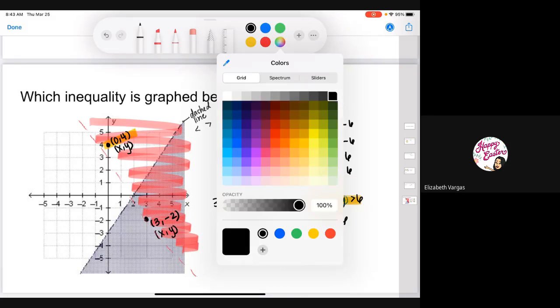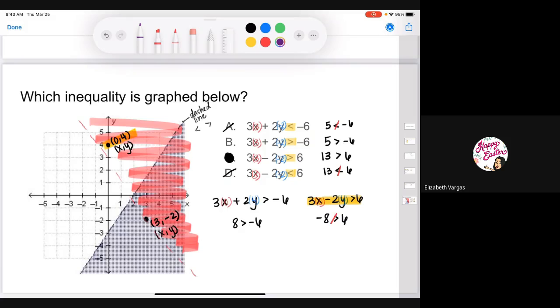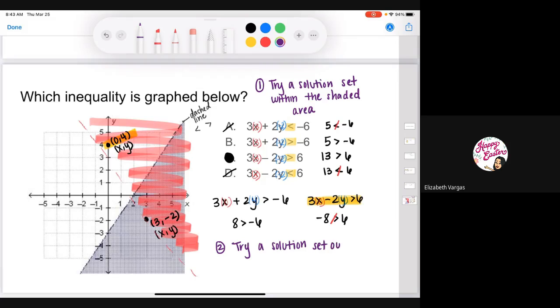But basically my steps here would be to try a solution set within the bounds, within the shaded area. And if I'm not able to eliminate all the answers and just leave one, well, then the next thing I would do is I would take my two remaining answers and I would try a solution set outside the shaded area.